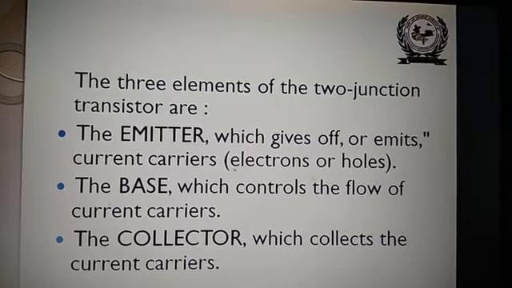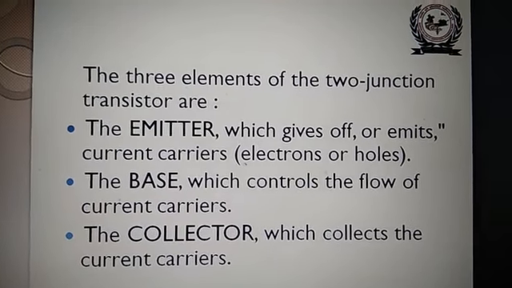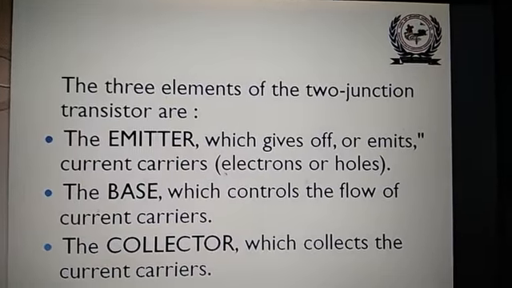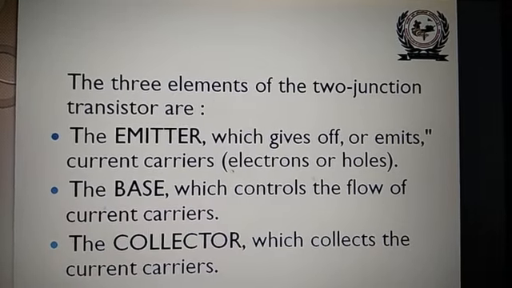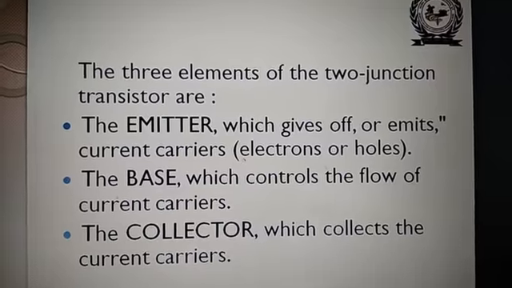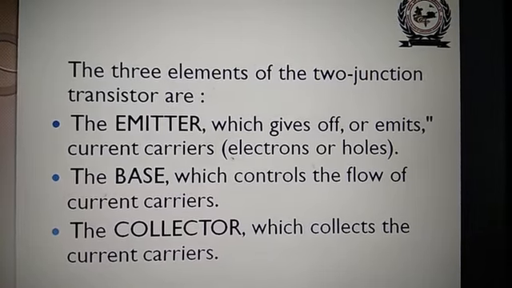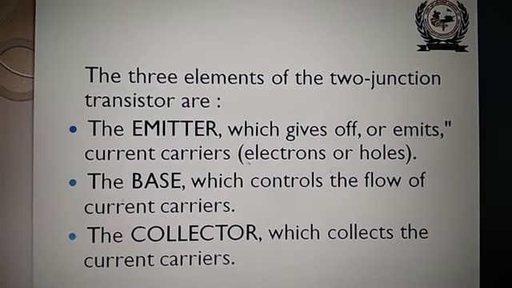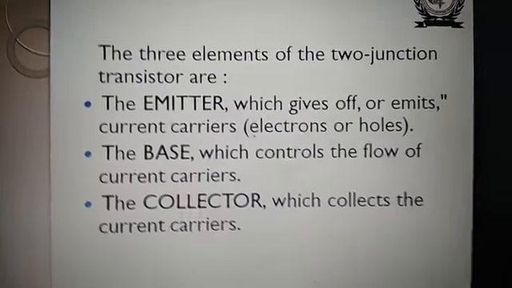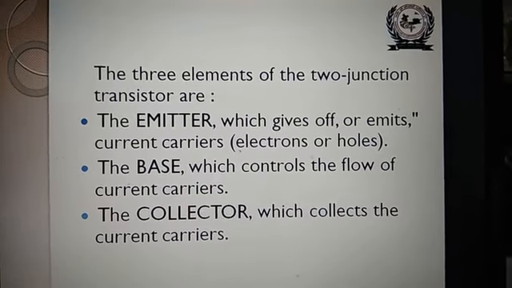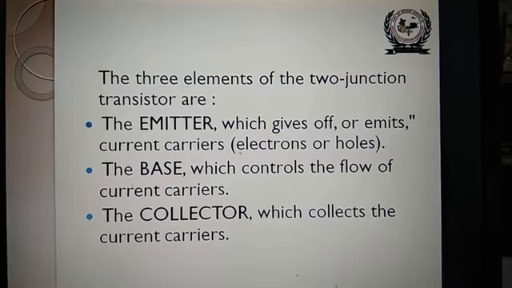These 3 terminals are emitter, base and collector. The emitter gives off or emits current carriers, either electrons or holes, depending upon the type of the transistor. The base controls the flow of the current carriers, and the collector collects the current carriers. So these are the 3 terminals: emitter, base and collector.